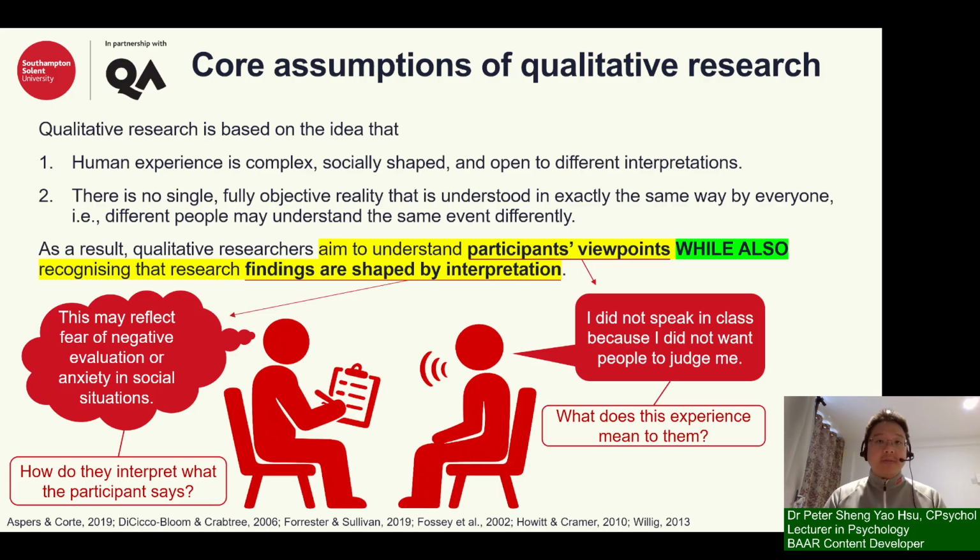Their experiences are shaped by personal history, social context, culture, relationships, expectations, responsibilities, and the way they interpret the situation. For example, two mature students may both submit an assignment late. From the outside, the behavior looks the same. However, the meaning behind that behavior may be very different.